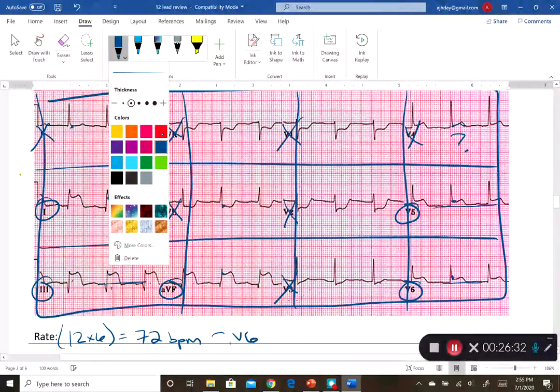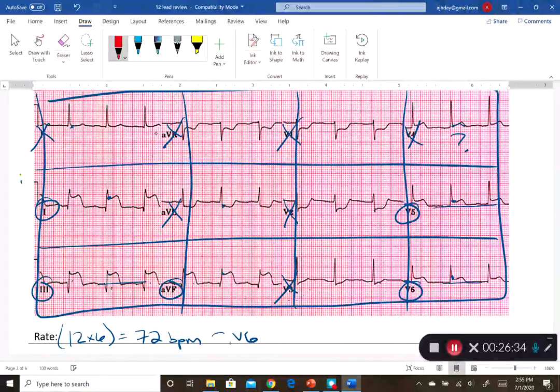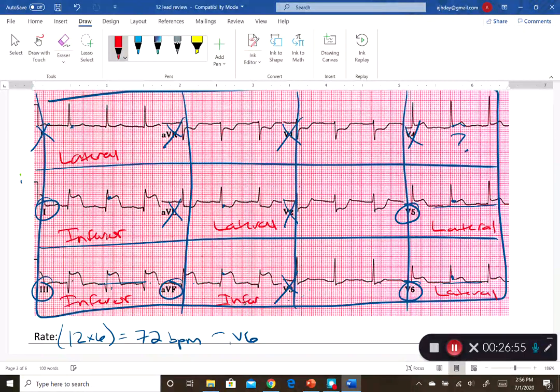So let's go ahead and label our walls that go with each one of these. This is going to be lateral, inferior, this is going to be lateral. We'll just go ahead and label all the lateral ones right now. AVF is going to be inferior.